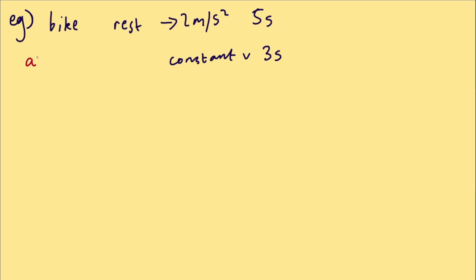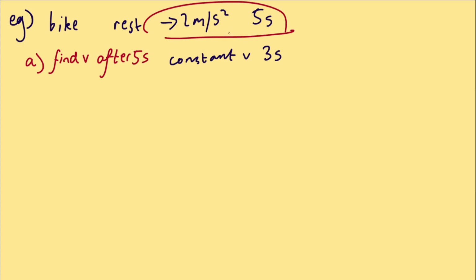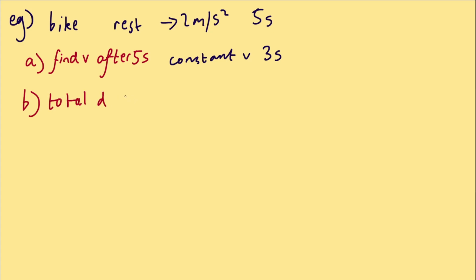The questions: find the velocity after 5 seconds. So this quick acceleration phase here. And the second question I give you is total distance after the entire 8 seconds. Pause the video, go ahead.